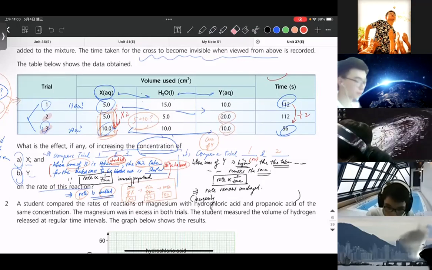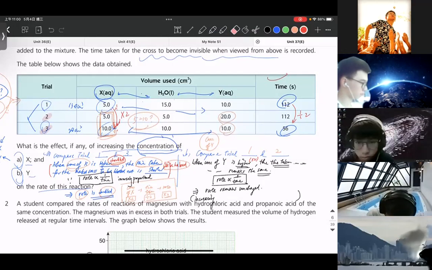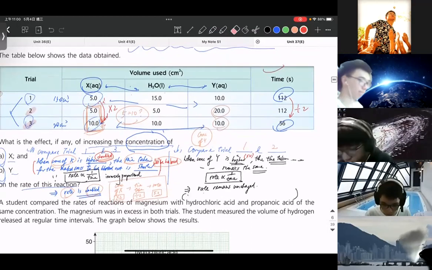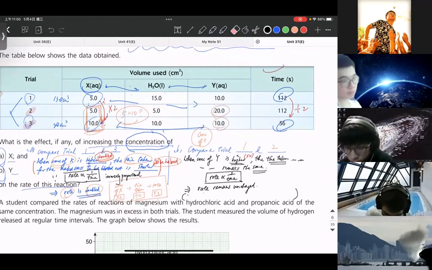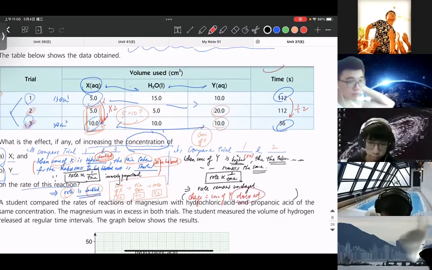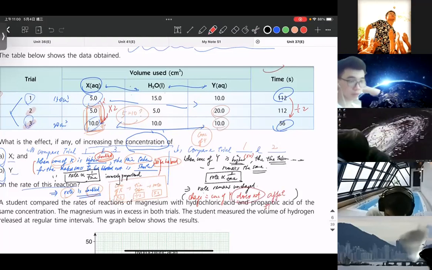Can you get my point? I keep asking what the relationship is. The answer is no relationship. And what you just said as a final sentence is also correct: the change in concentration of Y does not affect the rate of reaction.